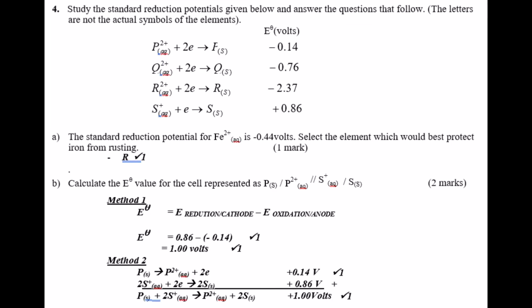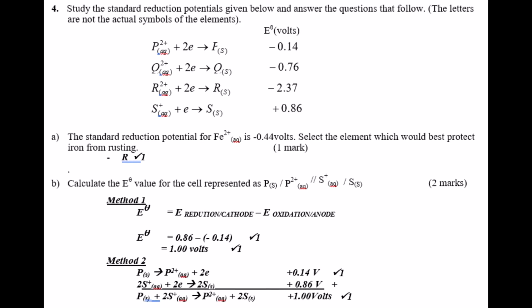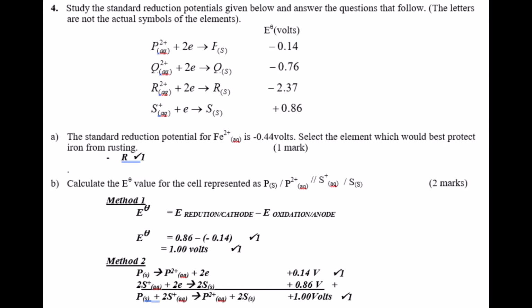With question number 4, you're asked to select the element that will protect iron from rusting. The electrode potential of iron to iron metal is -0.44. For a metal to qualify to be a protector, like with sacrificial protection, it must be more reactive than iron, which means that metal must be a stronger reducing agent.